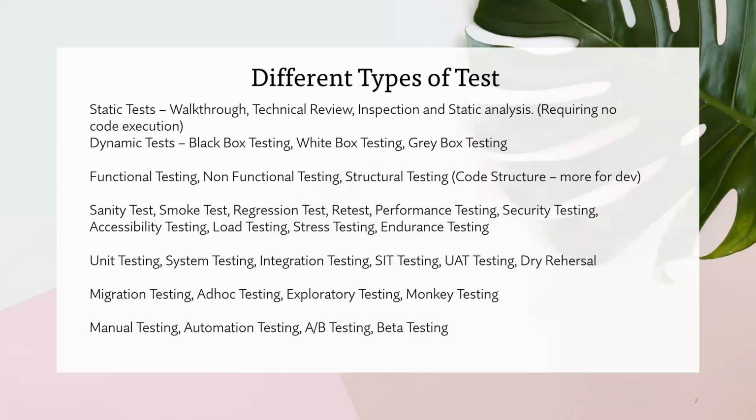Then you do a migration from your old system to a new system, and the business will be very worried about how it will happen. They want an assurance that it is working fine, no old data is deleted, and no changes are impacting the users. That's where migration testing happens.